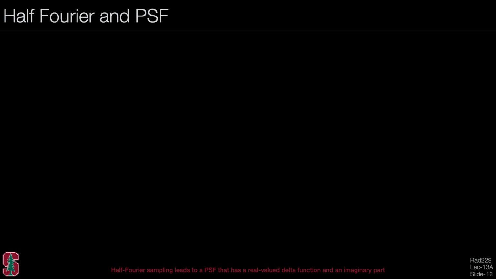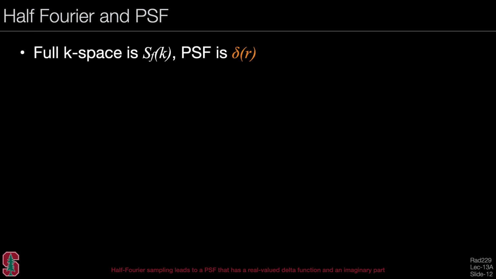Let's look now at half-Fourier sampling and the point spread function. In half-Fourier sampling, we will literally sample half of the K-space. However, there are different ways to choose which half of the samples we choose. So in general, the full K-space sampling trajectory is capital S sub f of K, and the point spread function, let's assume, is a delta function.